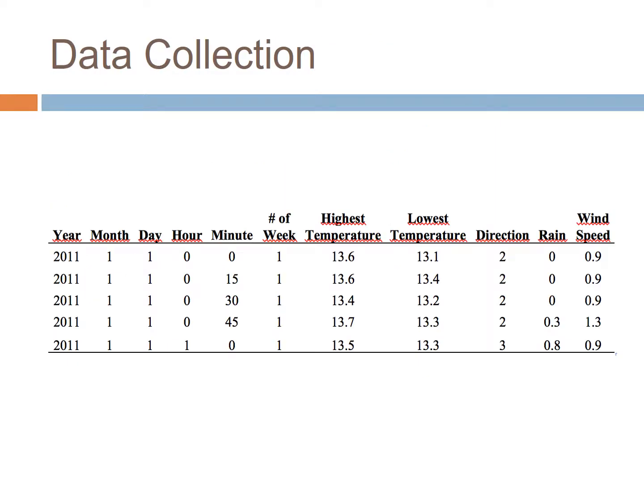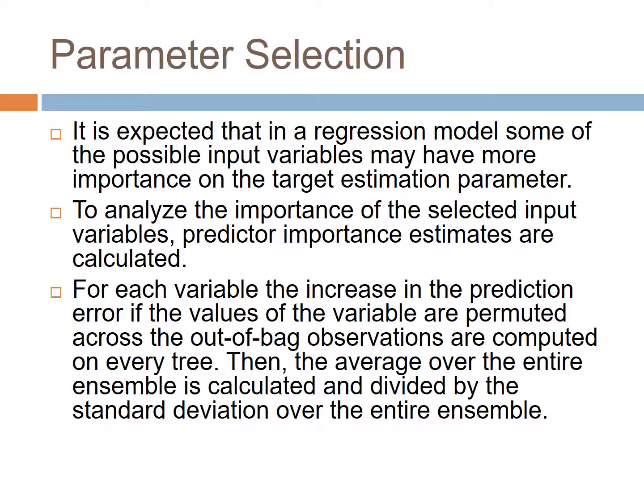We didn't use all of this data to make forecasts. We have made some parameter selection on the data because in a regression model, some of the possible input variables may have more importance than others for the target estimation.